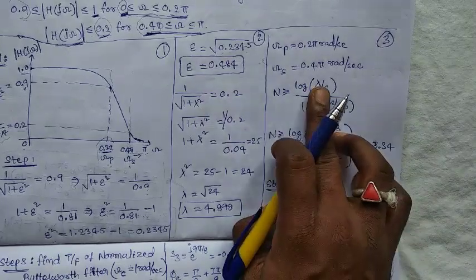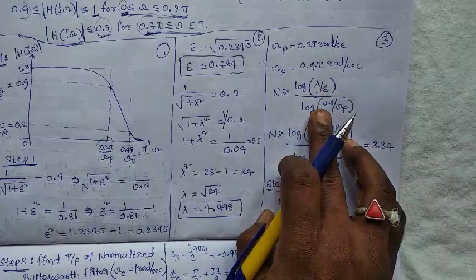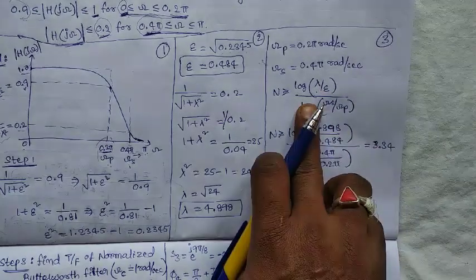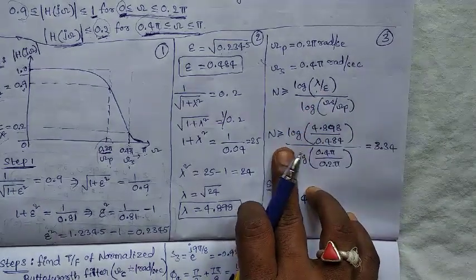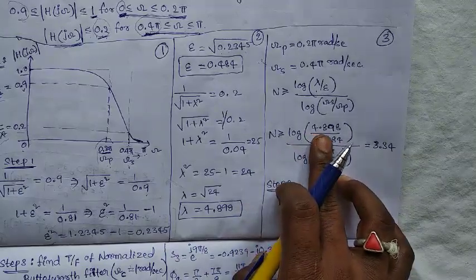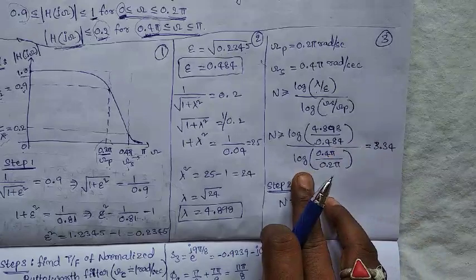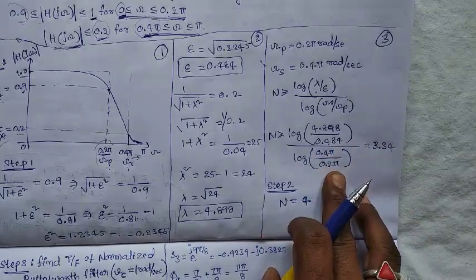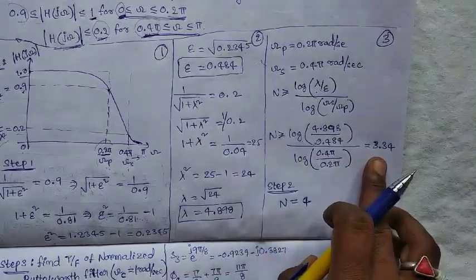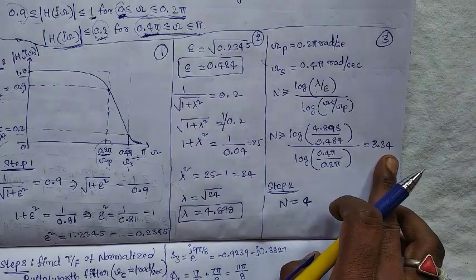Substituting, n greater than or equal to log of 4.898 by 0.484 whole divided by log of 0.4 pi by 0.2 pi, which is equal to 3.34.